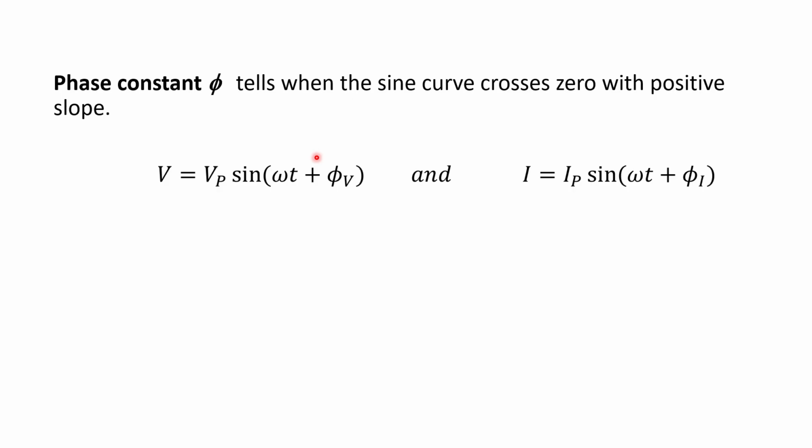And if it's a minus sign, then it's shifted to the right. And so here you can see the full sinusoidal equation, both for voltage and current. And the subscript P means peak voltage and peak current.